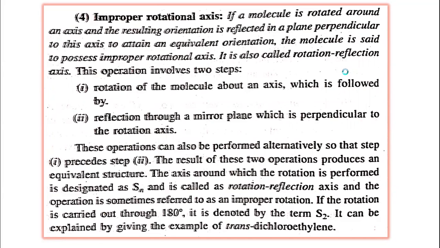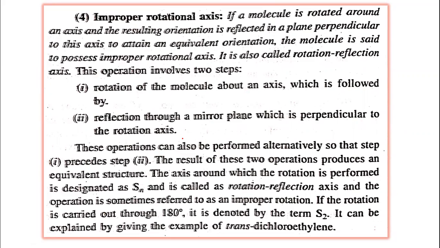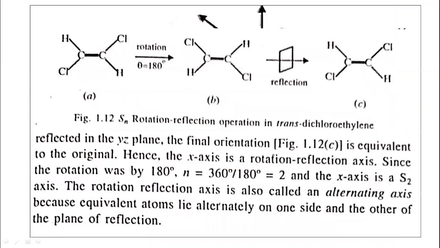Let us show this by taking an example. The axis around which the rotation is performed is designated as Sn, and is called the rotation reflection axis.